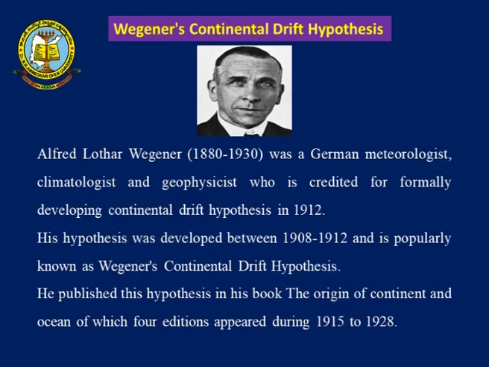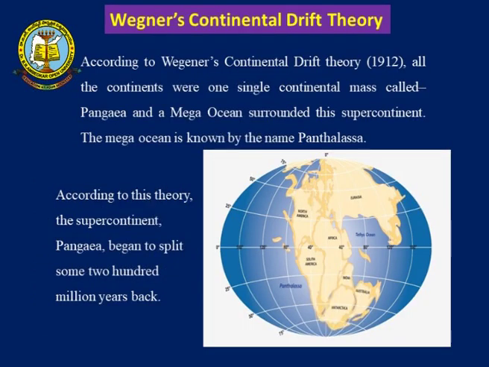His hypothesis was developed between 1908 and 1912 and is popularly known as Wegener's continental drift hypothesis. He published this hypothesis in his book The Origin of Continents and Oceans, of which 4 editions appeared during 1915 to 1928. According to his theory, all the continents were one single continental mass called Pangaea.